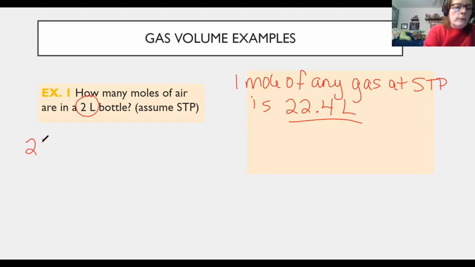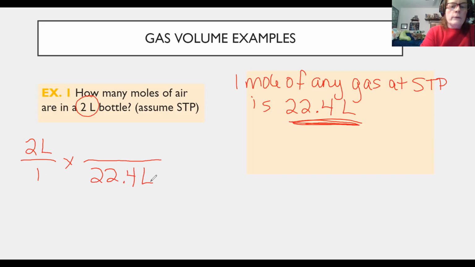All right, so start with what you're given. We have 2 liters. And we said that there are 22.4 liters for each mole. All right, and they want to know how many moles we have. So again, 1 mole is equal to 22.4 liters. This way we can eliminate our liters and we're left with moles.